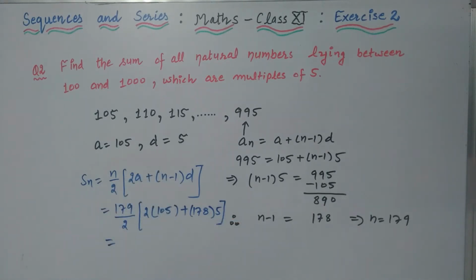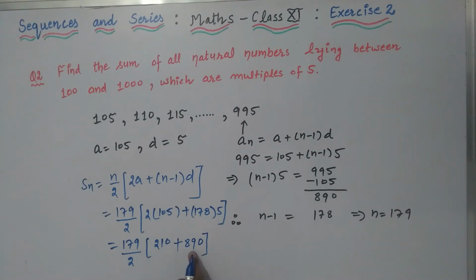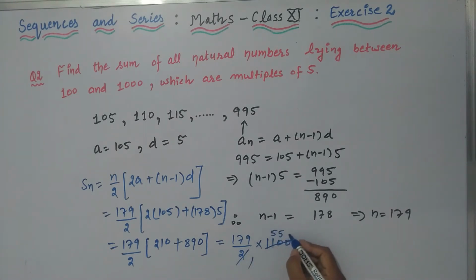So solving this, 210 plus 890, this is equal to 179 upon 2 into 1100, which is again 179 into 550. This is equal to 98,450.